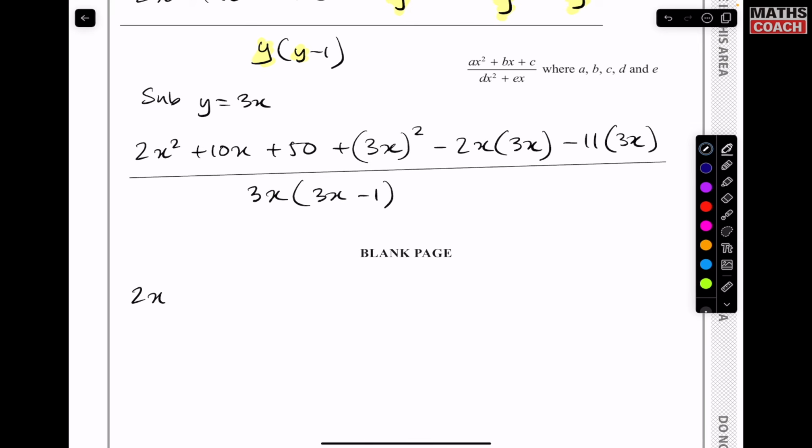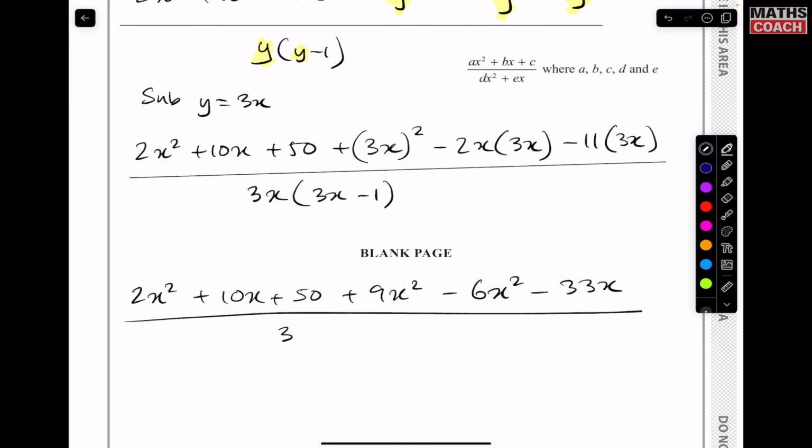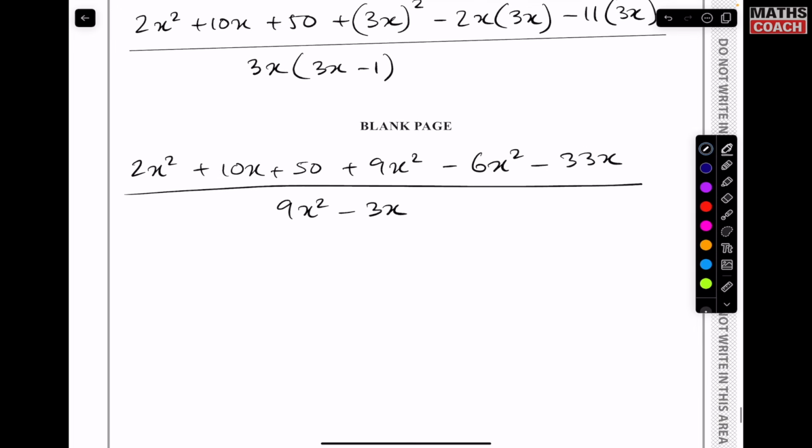So now we get 2x squared plus 10x plus 50 plus 9x squared, that would give us 9x squared, and then minus 6x squared minus 33x all over 3, let's actually expand that too, so all over 9x squared minus 3x. Right, we've got to collect the like terms again.